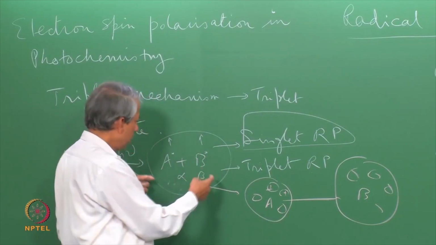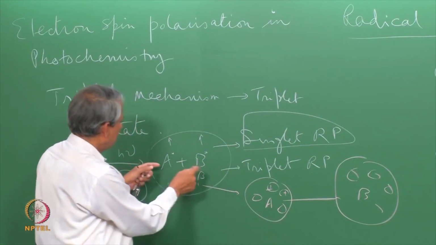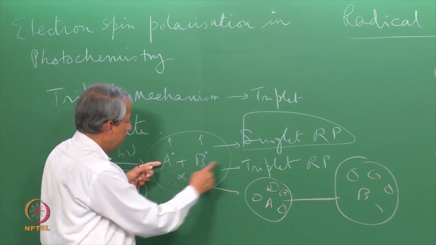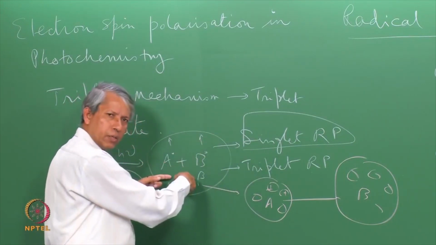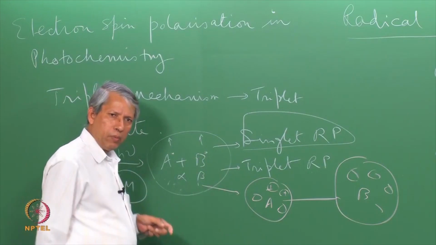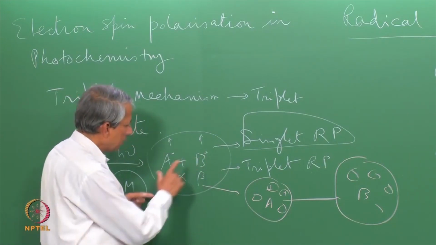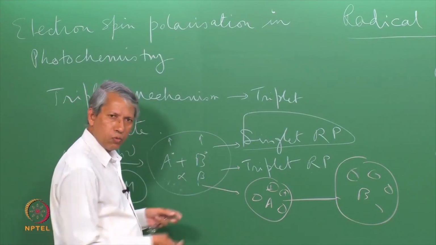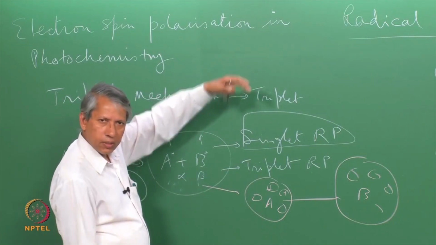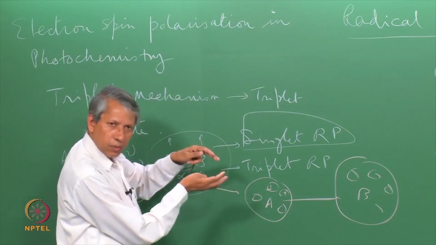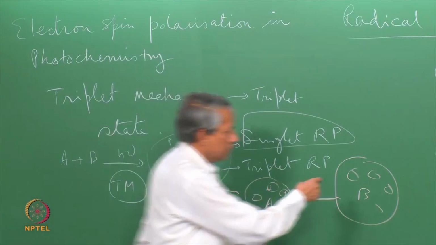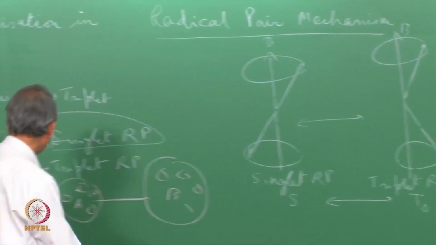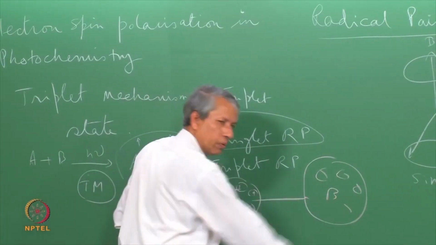So, there will be a lot of interactions, that diffusive motion, where A and B will go away a little bit and then come back again. This sort of multiple re-encounter will take place, and every time they are too close, the splitting increases and they do not mix. When they become comparable they again mix. So, this mixing takes place continuously for quite some time before they go away from each other.